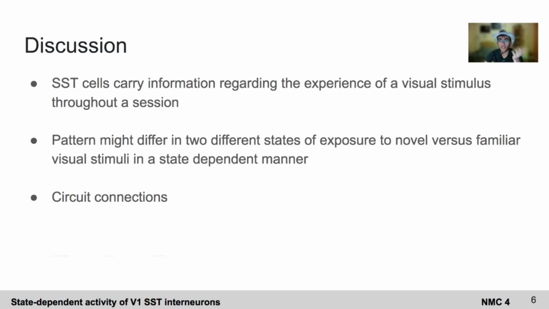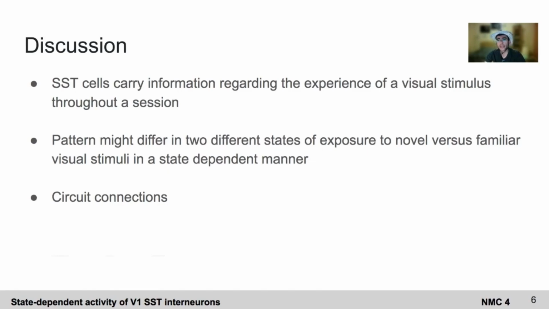And the pattern of these SST cells might differ in two states of exposure to novel versus familiar stimuli, and it might be state dependent. So SST cells with the pattern coding might include, for example, the novelty in one case and the familiarity in the other case.